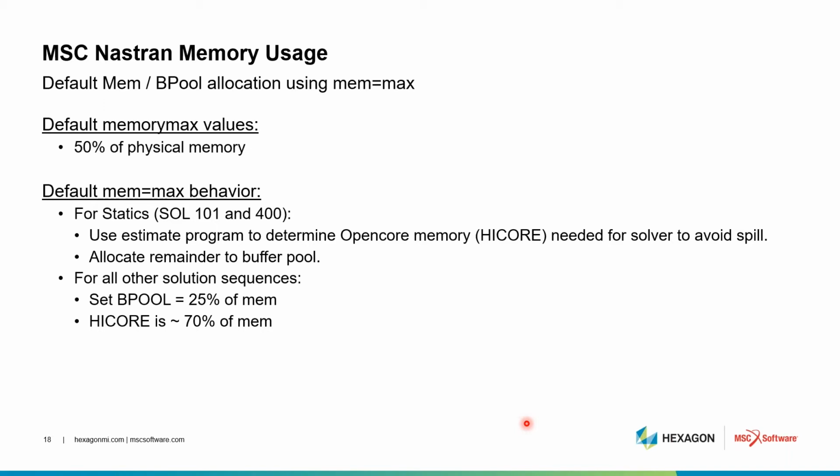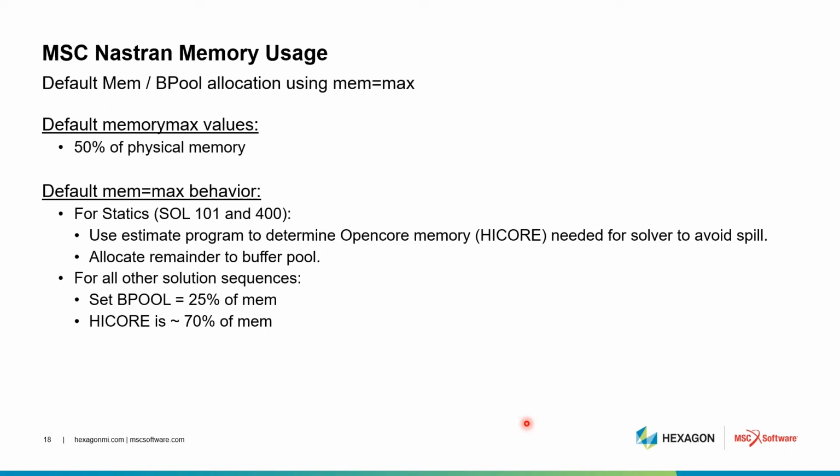So, memory usage with MSC Nastran. The default memory and buffer pool allocation using memory=max is given by MSC Nastran. The default memory max value is 50% of physical memory. Default memory=max behavior is generally for static solution 101 and 400: it uses an estimate program to determine open core memory, high core needed for the solver to avoid spill, and allocates the remainder to the buffer pool.